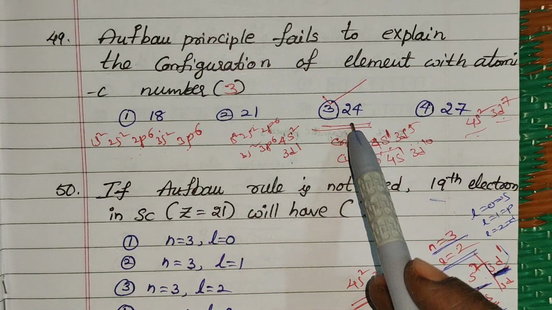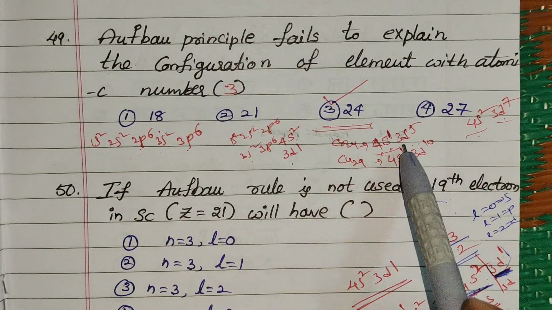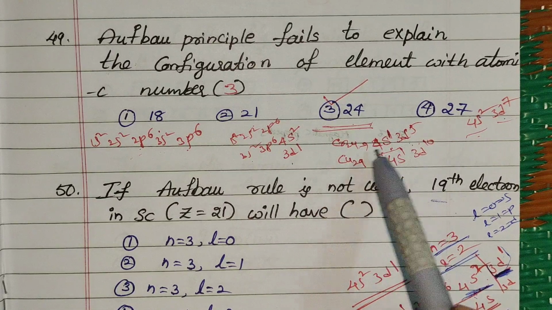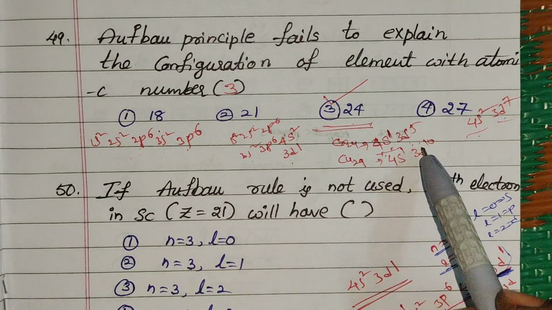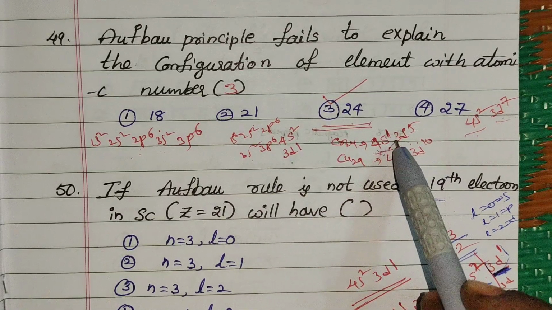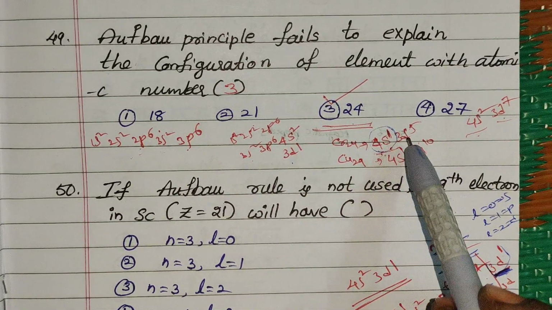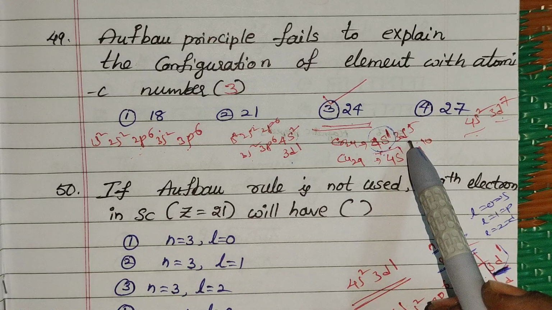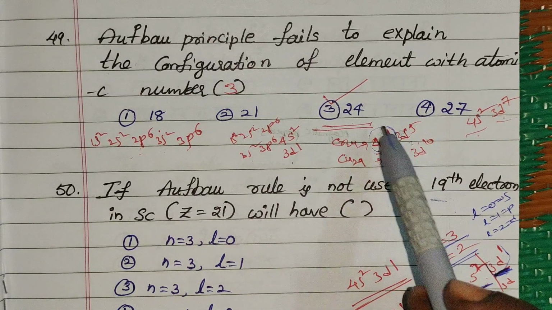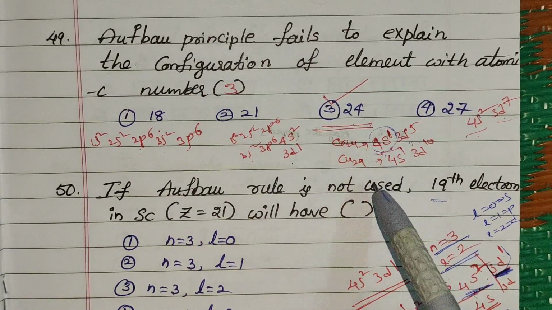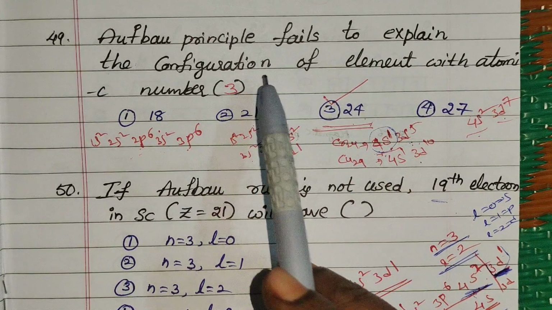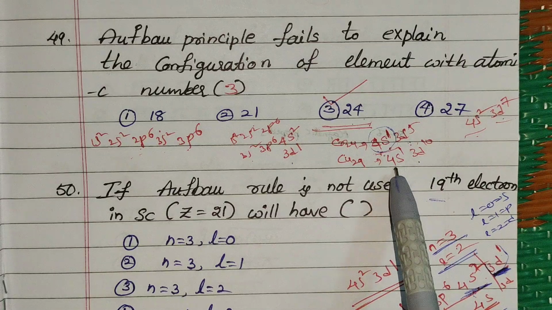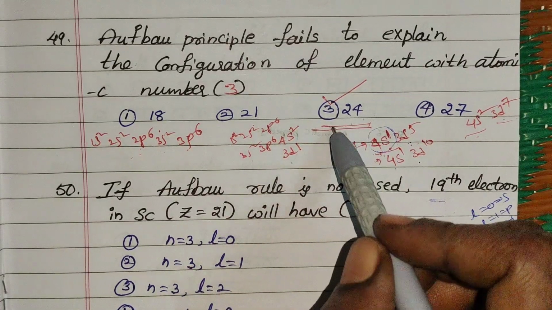But especially for 24, the final orbital we have to take, finally it may have 4s1 3d5. So 4s is not completely filled even though an electron entered the 3d5. The same type, chromium 24 and copper 29, the Aufbau principle is not explained perfectly. That is why our answer is 3.